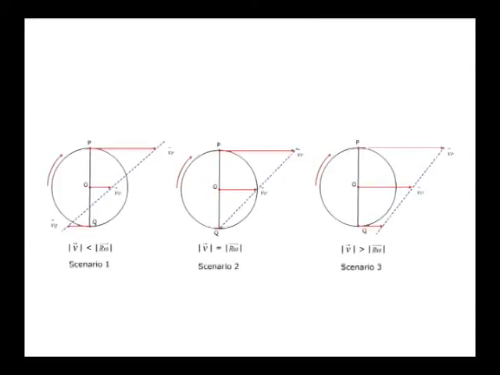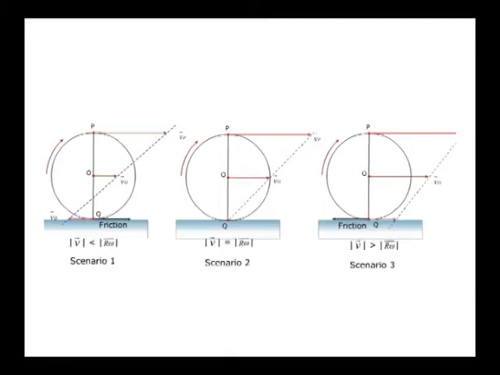Let's have a relook at the three cases that we just saw and add a surface of contact to each case. Remember, our surface must be sufficiently rough. The surface introduces friction, but only in the first and the third scenarios.